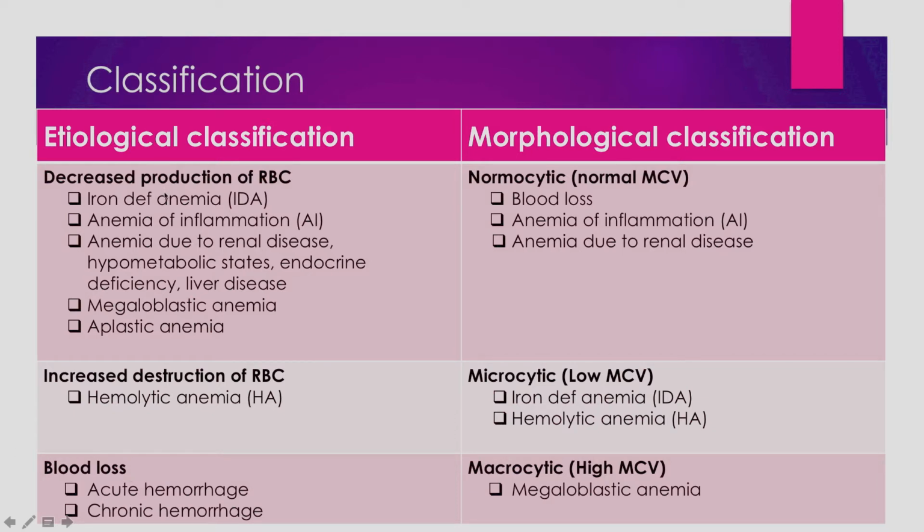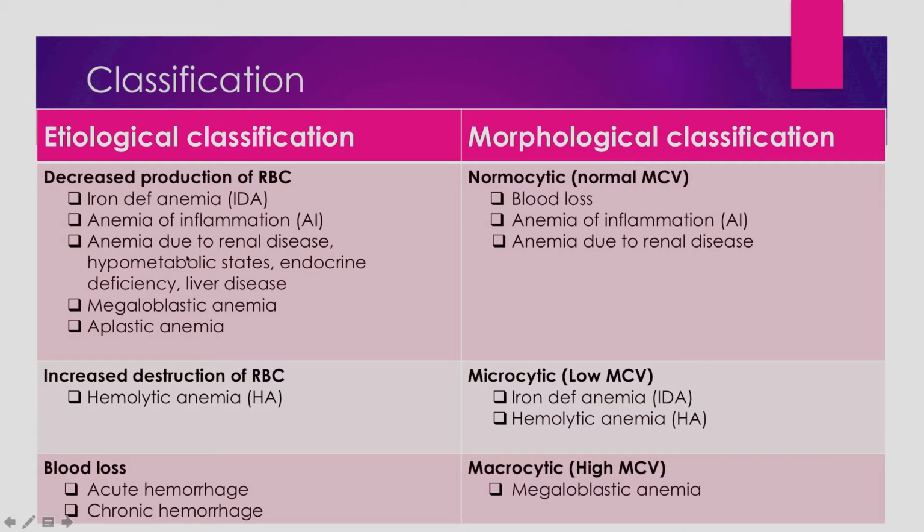So first is decreased production of RBCs. What are the different types in which decreased production is seen? Number one is iron deficiency anemia, where deficiency of iron leads to anemia. Second is anemia of inflammation. Because of inflammation in the body, mostly chronic inflammations, lead to anemia.